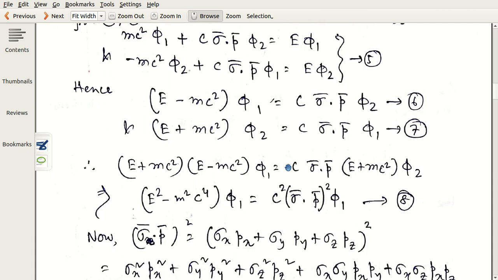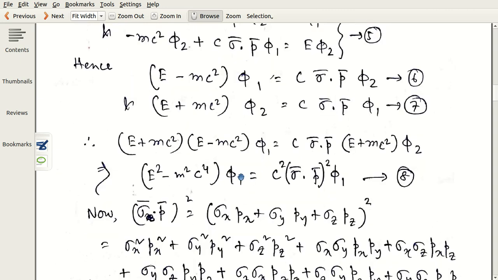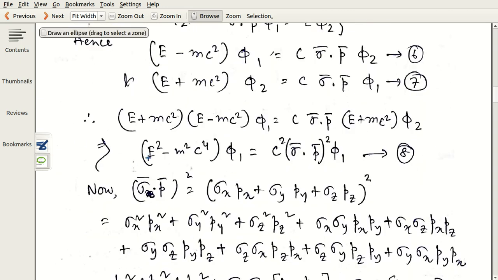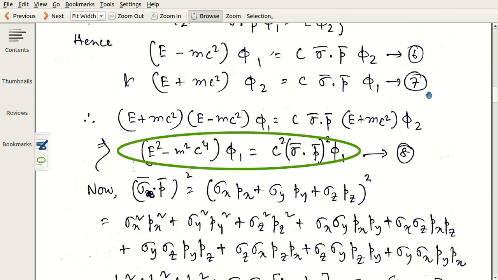Then with a mathematical manipulation, multiply equation 6 by E plus mc square, and you will see that E plus mc square phi 2, you replace by c sigma dot p phi 1, and so you obtain an equation in terms of phi 1.